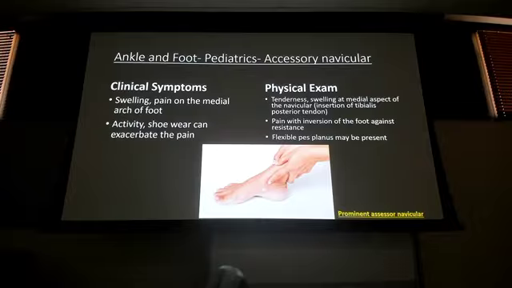If it's irritated, they will have tenderness over that area. As they mature, you'll sometimes see that bump that you see in that picture there. They also might have a flat foot with it, or a flexible flat foot, which we'll talk about shortly.